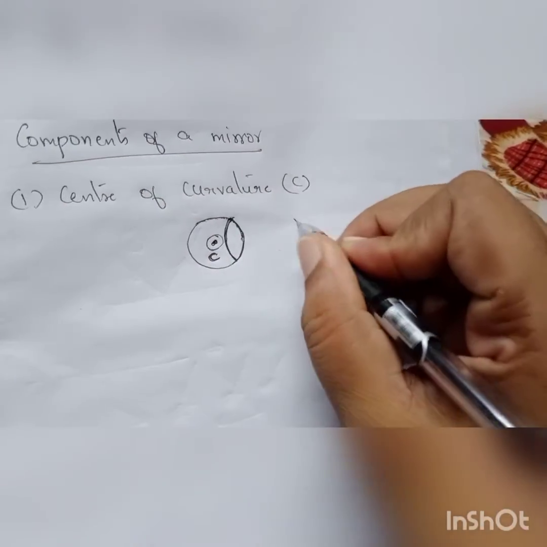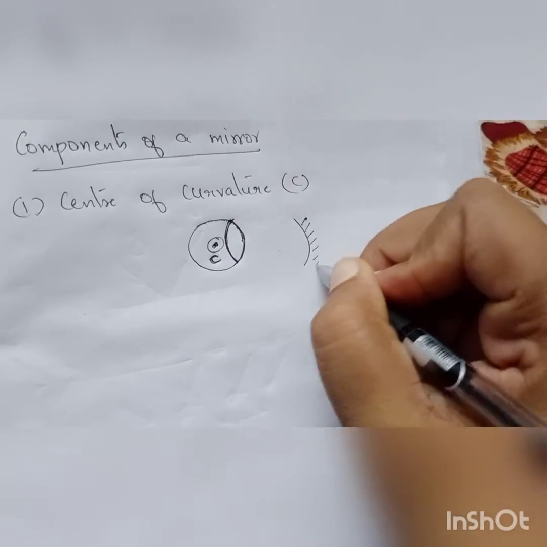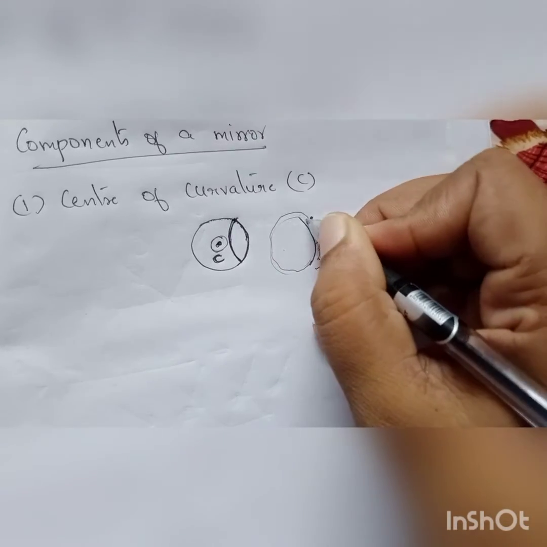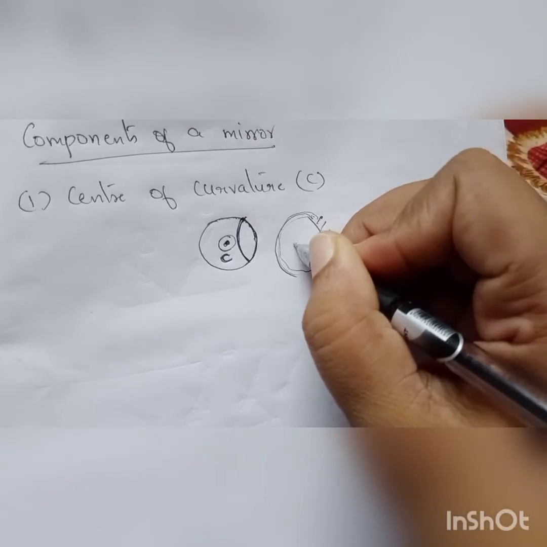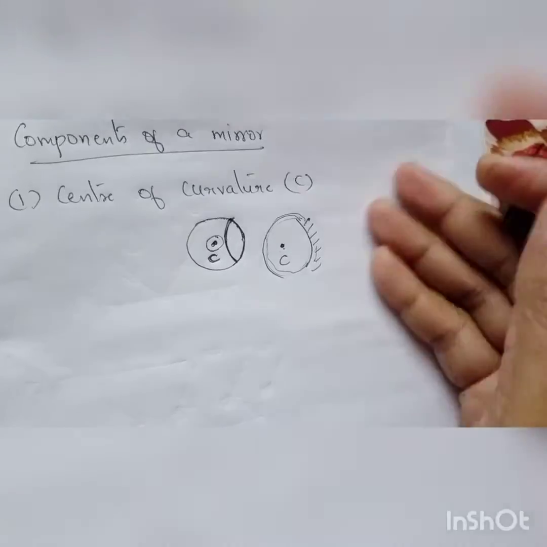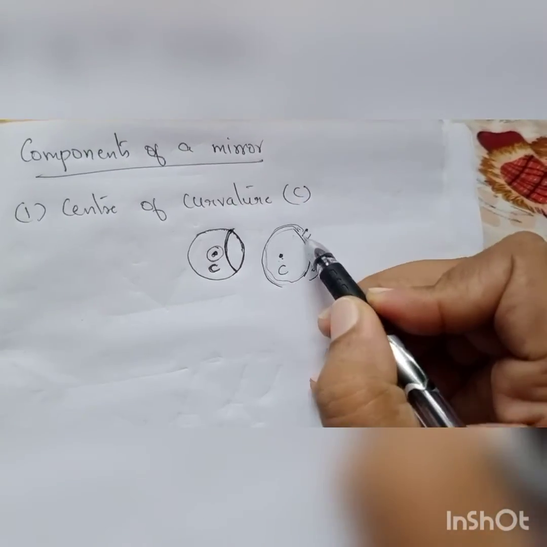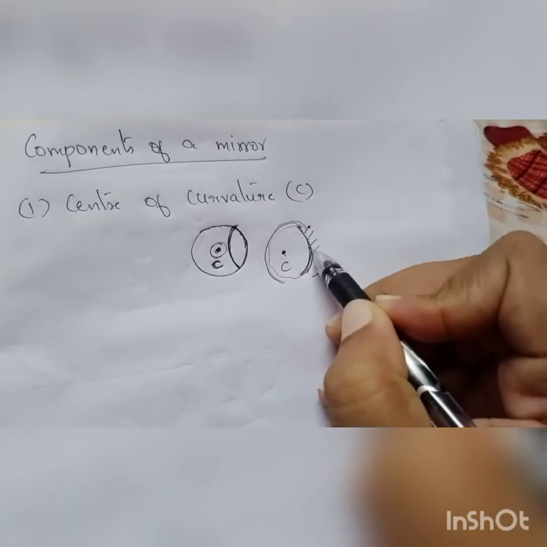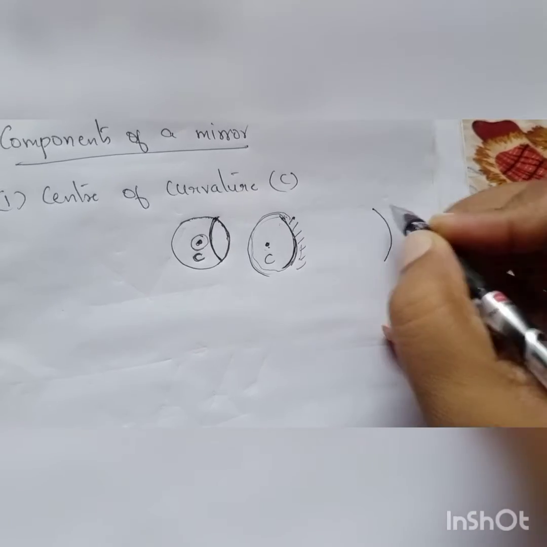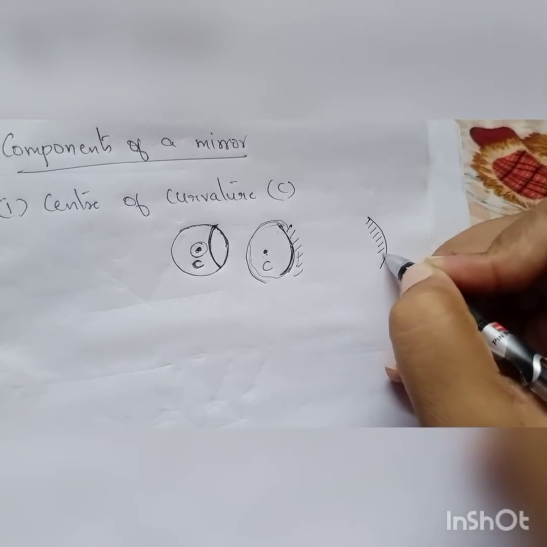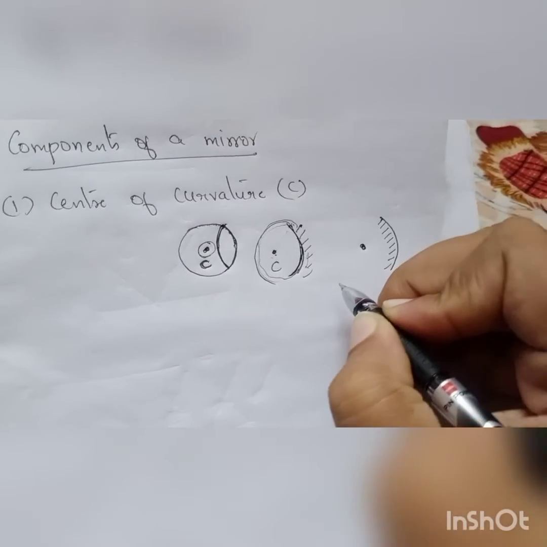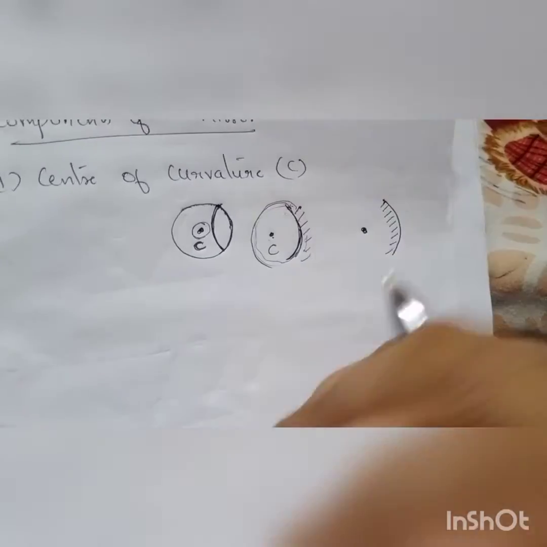If we consider a concave mirror, let this be the sphere, and I cut a concave mirror from it, and this is the center. In case of a concave mirror, the center of curvature will be in front of the mirror, the reflecting surface. But if I take a convex mirror, this is the polished surface and this is the center of curvature, so it will be behind the mirror.